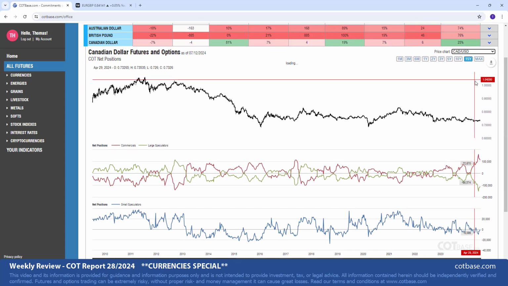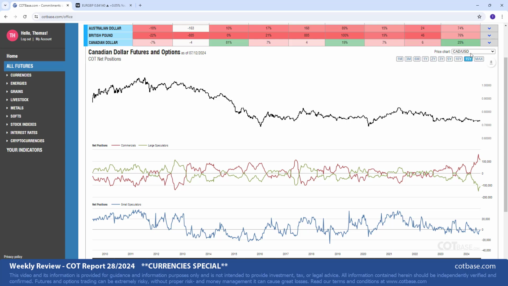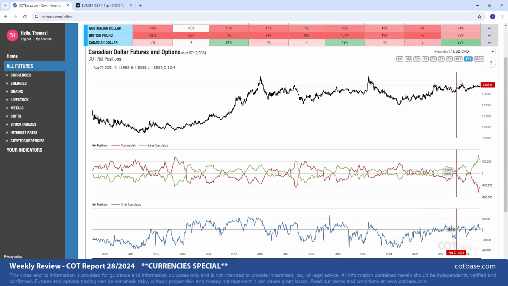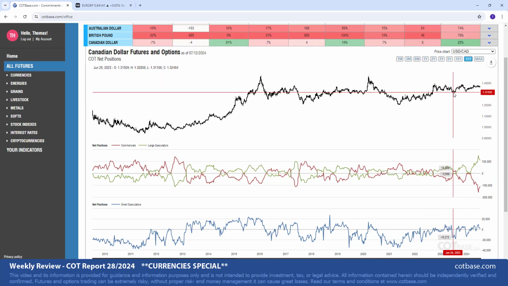Okay, so we not only show the futures chart, but we also give you the forex pair as well, and then you can look at the inverse as well, and you can see that the COT charts are going to flip. So I think it's a very useful feature for those who are trading currencies.